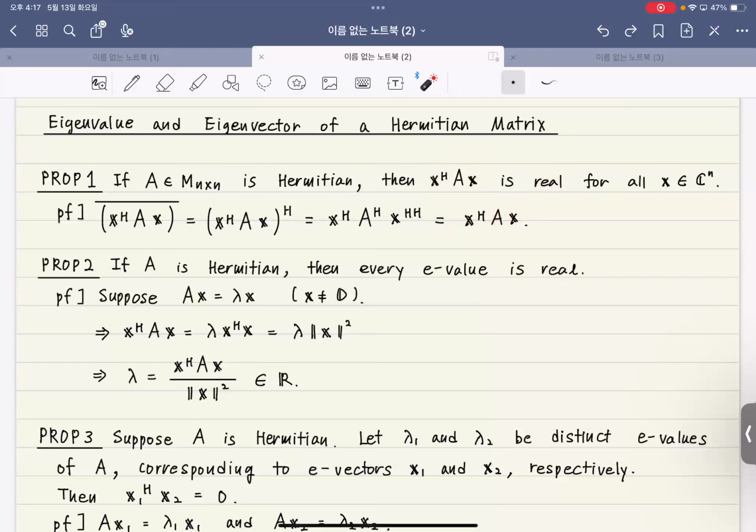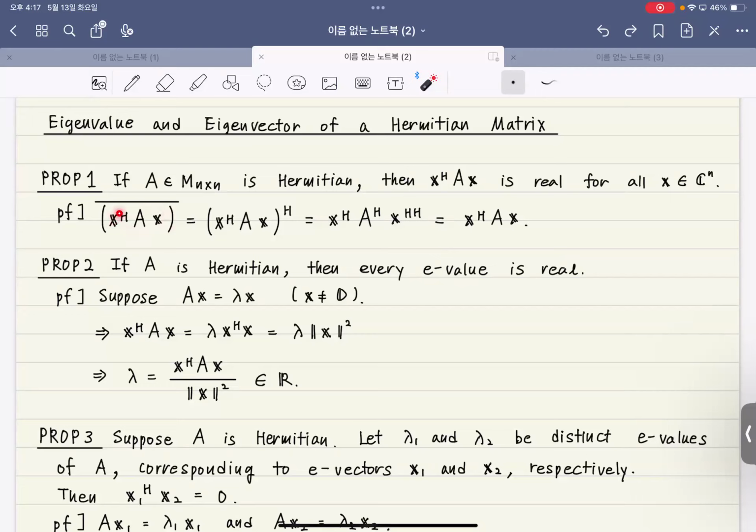Why? How do you prove that a complex number is a real number? There is a very typical trick: you take the conjugate of that complex number, and if the complex number is unchanged under the complex conjugate, then that is the evidence that the number is real. So I'm going to apply exactly the same trick here.